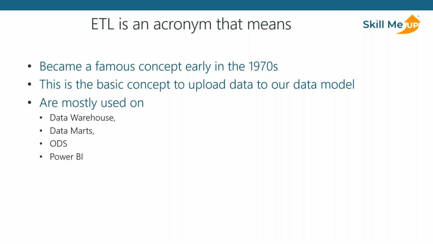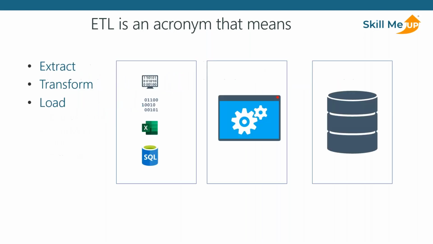Extraction: we copy or extract data from sources, homogeneous or heterogeneous. Transformation: we process the data, applying, for example, data cleansing, data type conversion, business rules, etc., and finally transforming the data into a format that can be understood by Power BI.